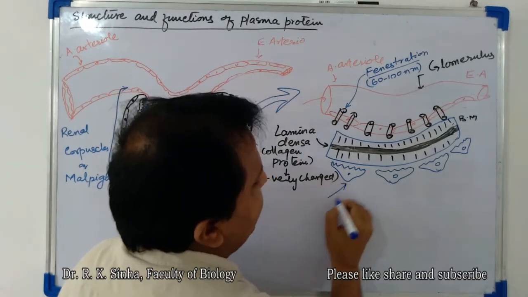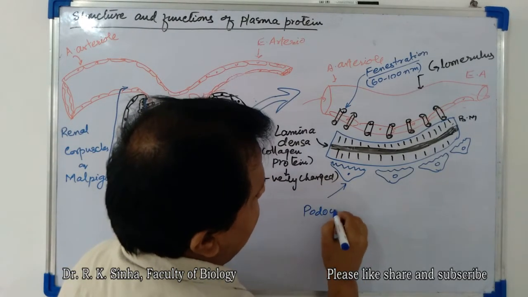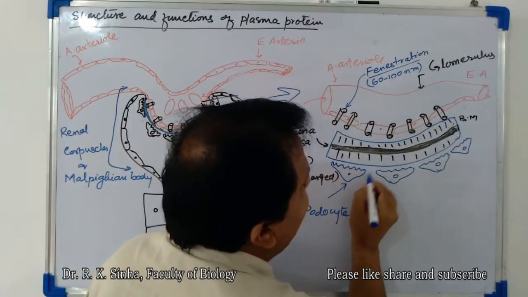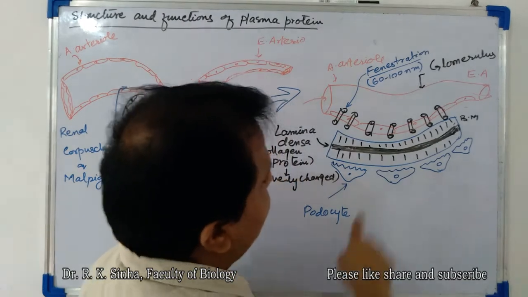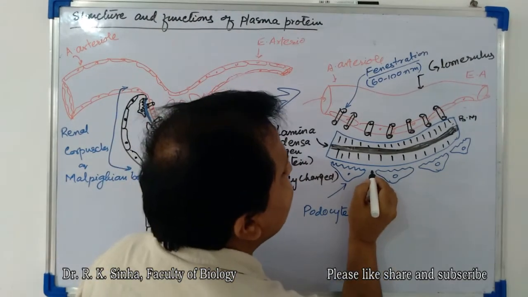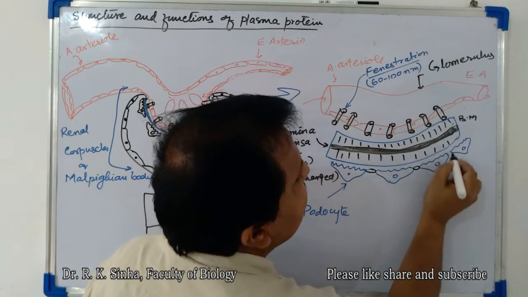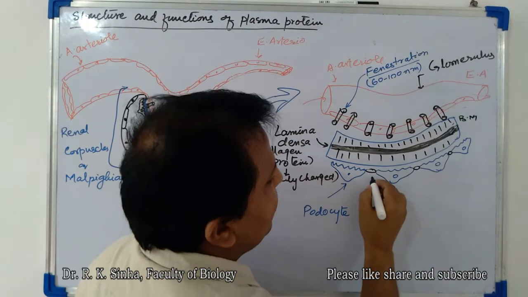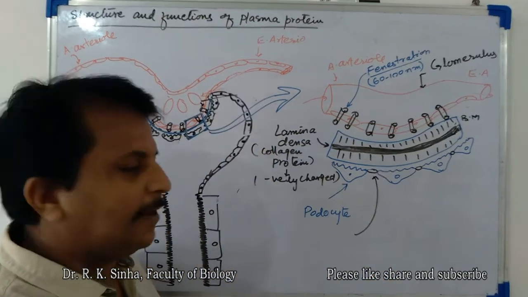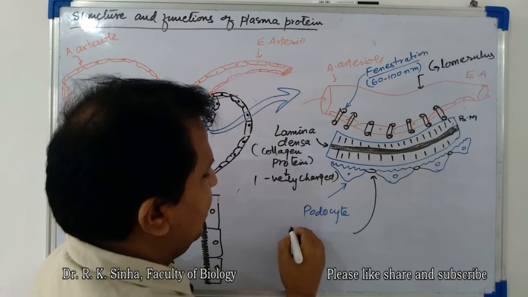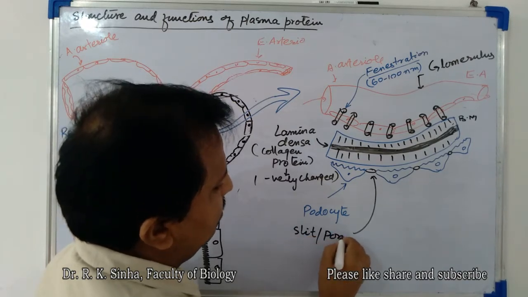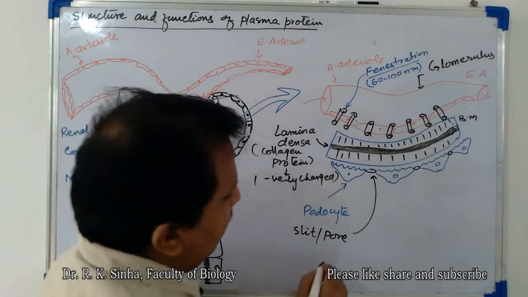And these are the podocytes, and the space between these pores is known as the filtration slit or slit pore.